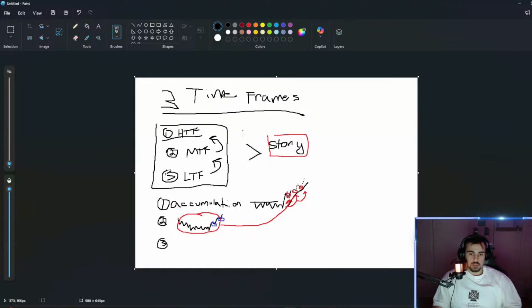So in those points, we're going to want to watch price break down, go sideways, break through a base, prove accumulation, and start a move up.